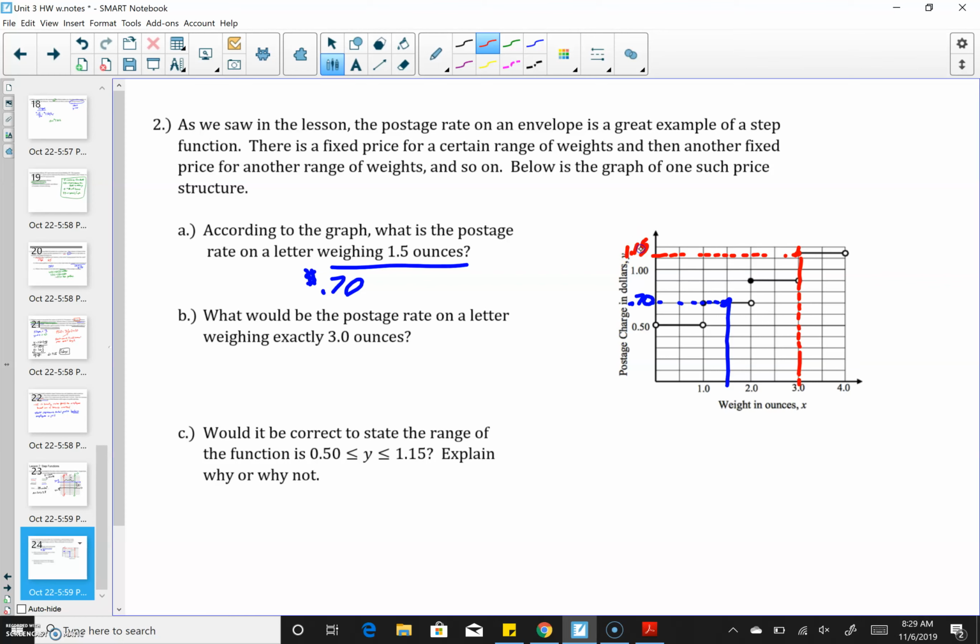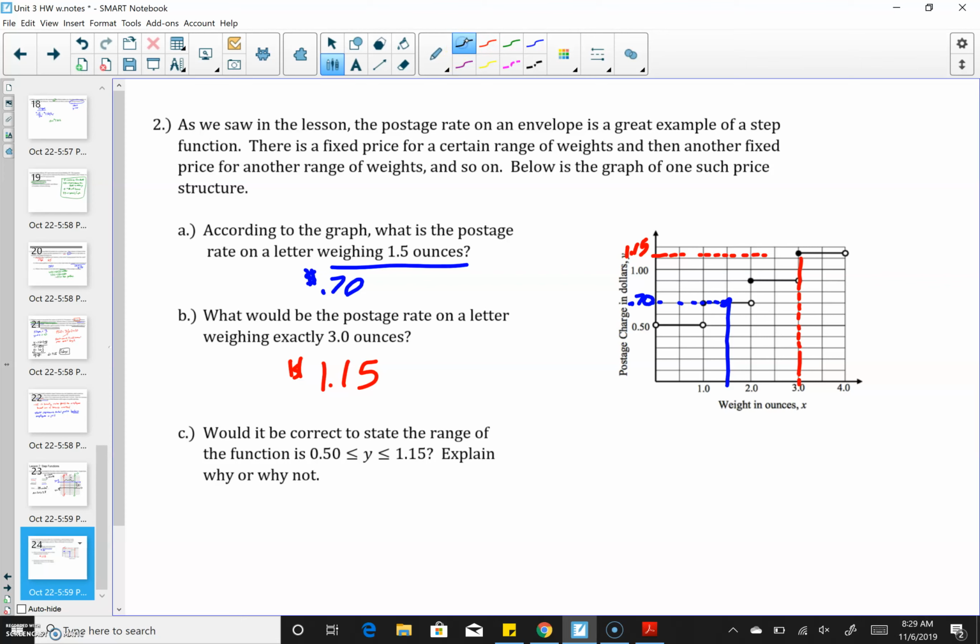So therefore, I'm going to guess that it's right around $1.15, because as you can see, that dot falls, it looks like, above the $1.10 line. We'll say it's about halfway, so therefore we'll call it $1.15.